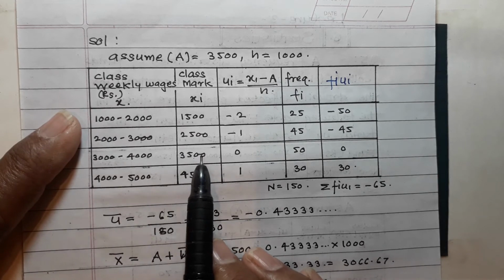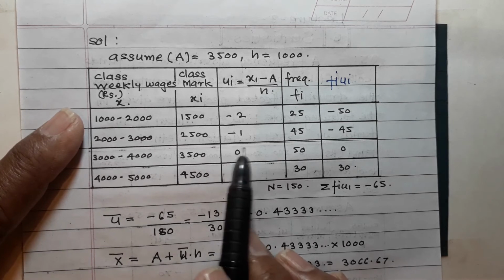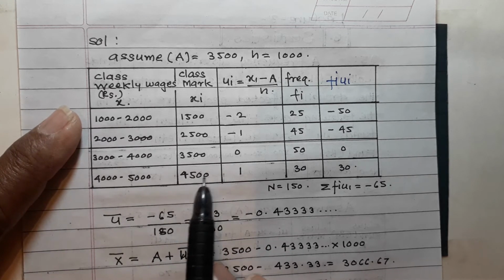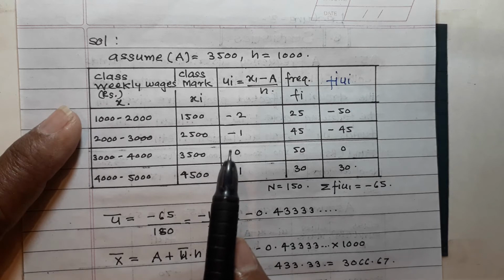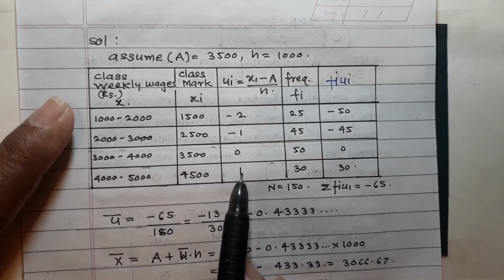Then 3500 minus 3500 is equal to 0, so this is 0. And 4500 minus 3500 upon 1000 is equal to positive 1.